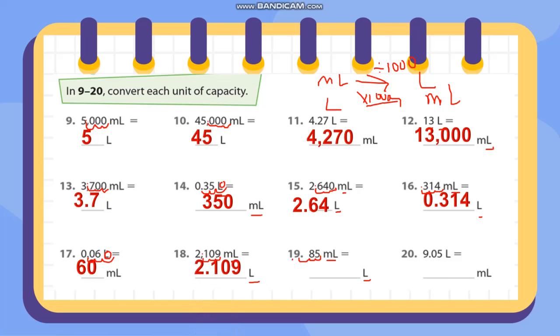My decimal is here, so I need to add 1 zero, so the answer is 0.085. And we have 9.05 liter to milliliter, that is multiplied by 1,000 because it is from a larger unit to a smaller unit. There is a decimal from the given, so I will start from the decimal. 3 movements going to the right. So I will add 1 zero, so the answer is 9,050.